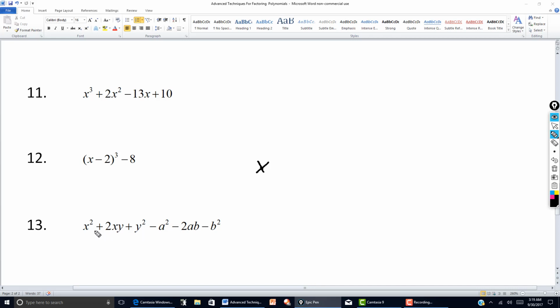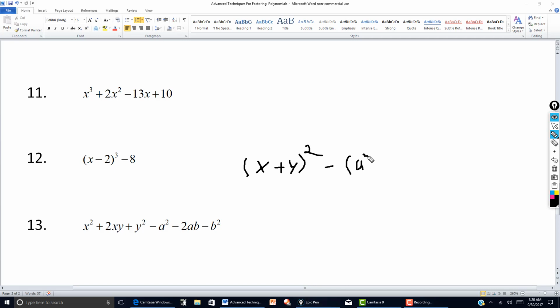In this particular case, I look at the first 3 terms together, and that's x squared plus 2xy plus y squared, and you should see, based on the formulas we've had for trinomials, that it factors into (x plus y)(x plus y), or (x plus y) squared. The last 3 terms, I'm going to factor out a minus.